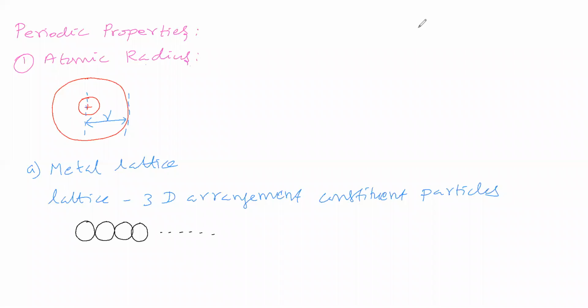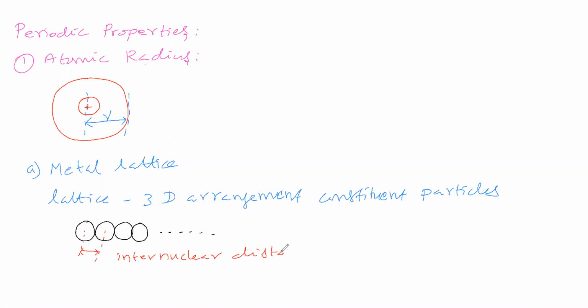Now in this metal atom we take the center point, and in the neighboring metal atom we take the center point. This distance is called the internuclear distance.